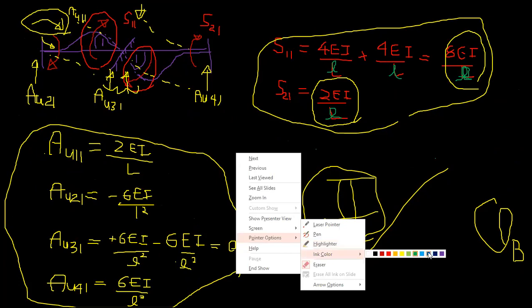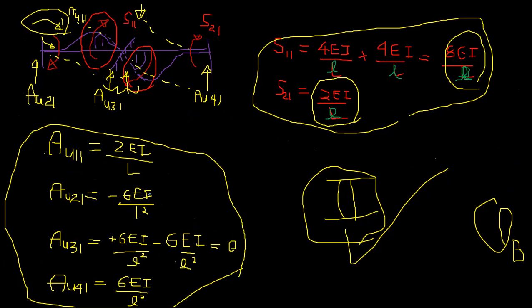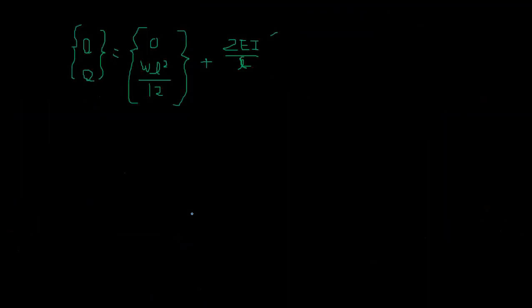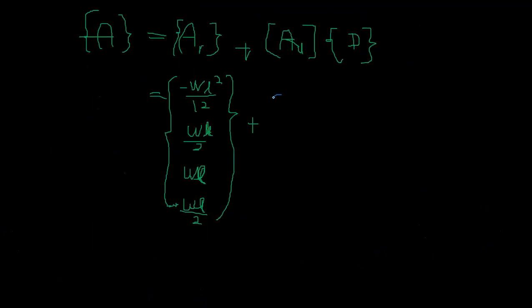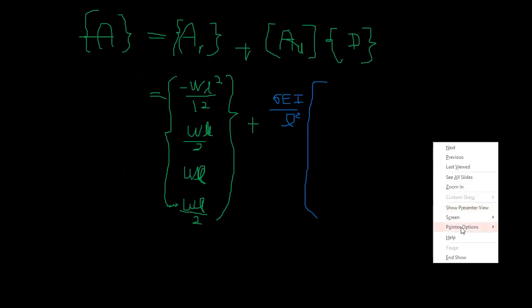So here I can take 6 EI over L squared out. That is common, right? Originally there was 2 EI over L, so you can only take 2 EI over L squared out, right?